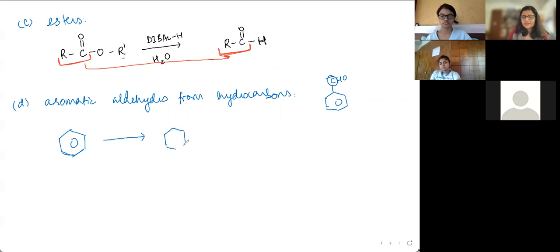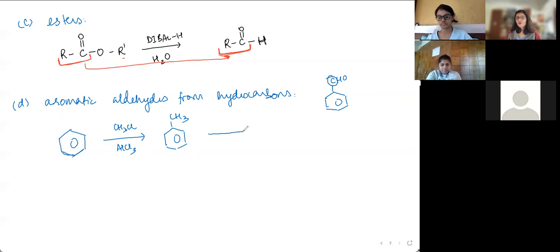Electrophilic substitution. You need to substitute CH3 over here. What would be the reagent? CH3Cl in the presence of AlCl3? Friedel-Crafts alkylation, because you're introducing an alkyl group here. So either do this first or start off directly with toluene.